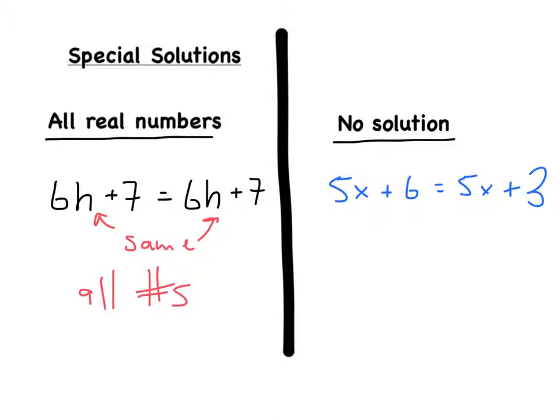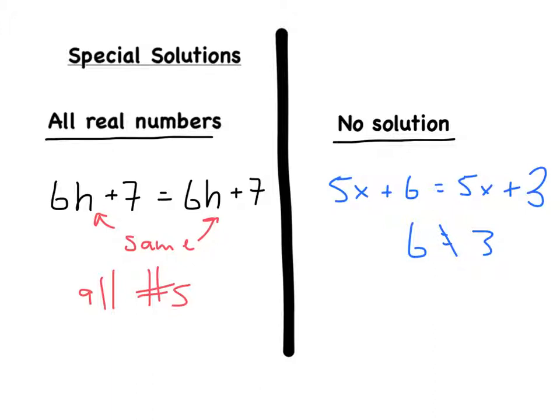So let's plug in 0 for x. So 5 times 0 is 0, plus 6 is 6. And if x is 0 over here, 5 times 0 is 0, and all you have left is 3. So, is 6 equal to 3? No, it is not. So that means that there is no solution.